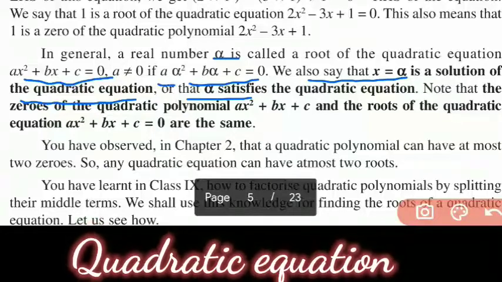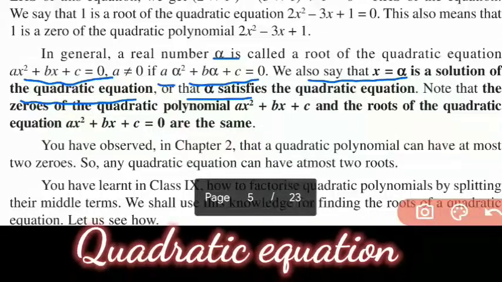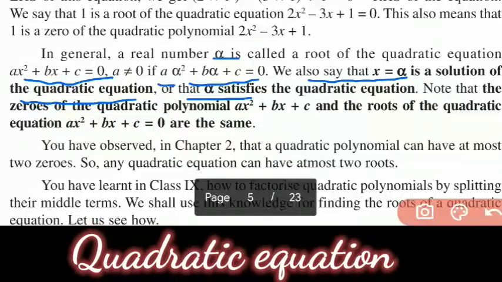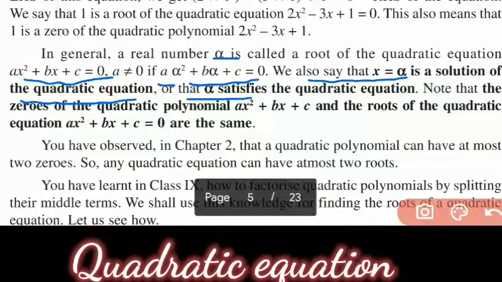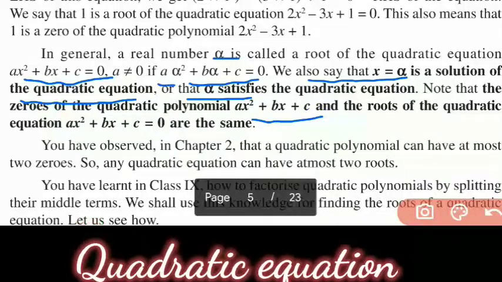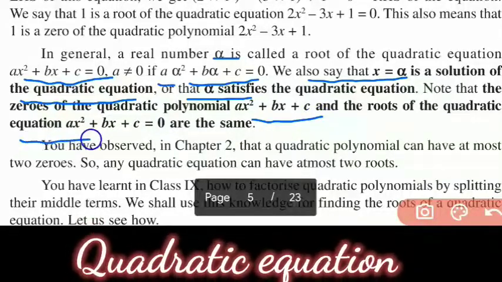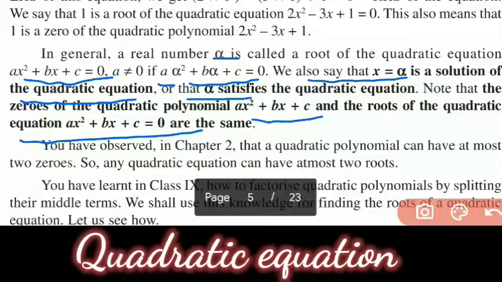Whatever the quadratic equation given, that will be satisfied by alpha. It means when we replace the variable with alpha, then we will get 0. Note that the zeros of a quadratic polynomial ax square plus bx plus c and the roots of the quadratic equation ax square plus bx plus c is equal to 0 are the same.